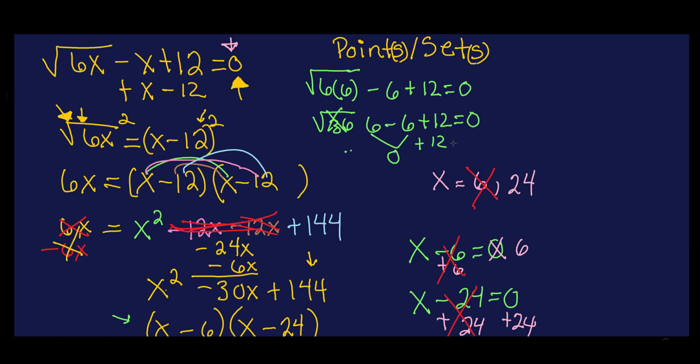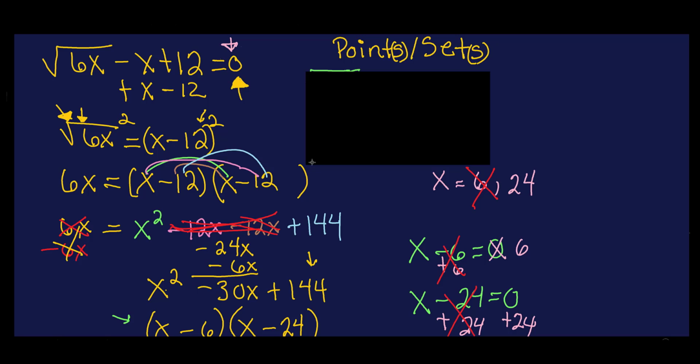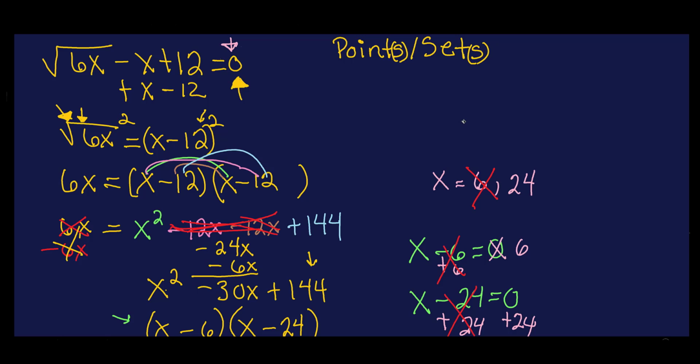This is so much information I'm giving, and I'm hoping that it's getting across, because this last step is very important, okay? So we're going to do the same thing for our 24. Let's plug it in, okay? Because it could possibly be no solutions.